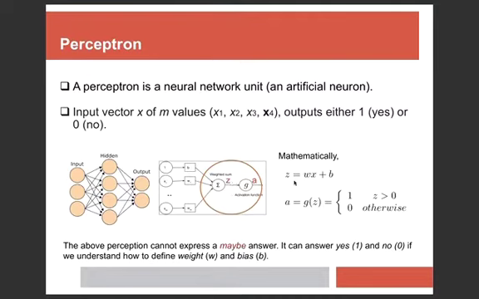Therefore, with some optimization algorithms, the weights and the bias are changed little by little. This is called progressive learning.